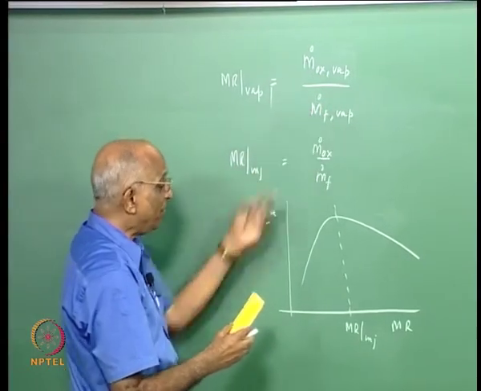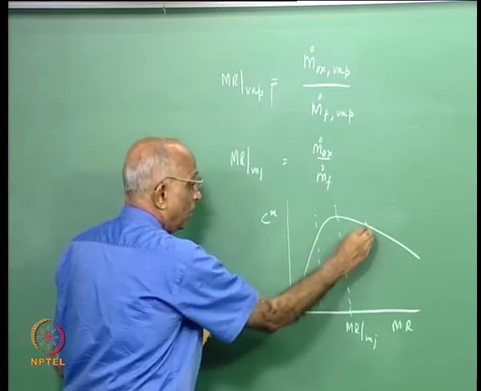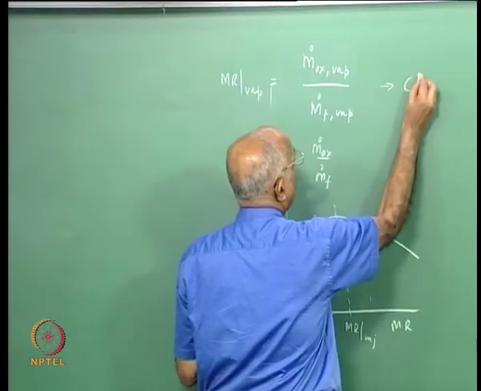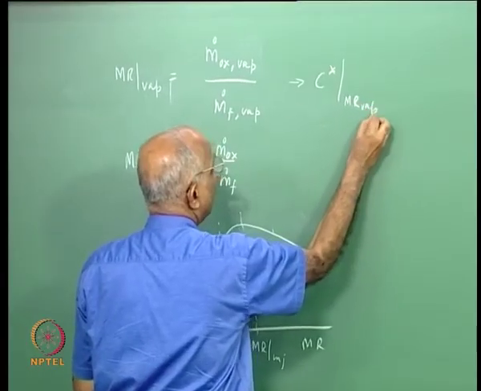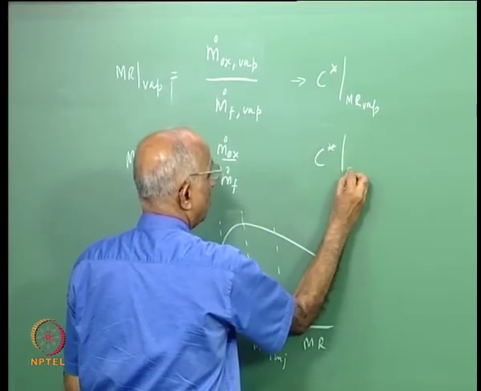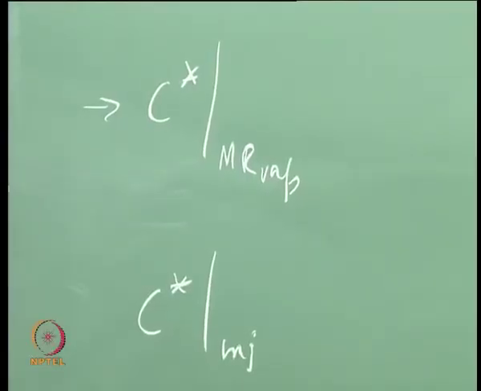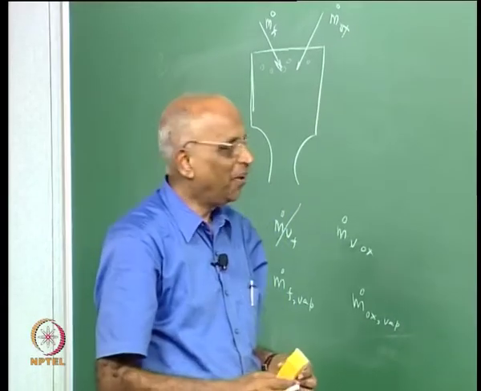Depending on which evaporates faster, I could have vaporization here or vaporization here. In other words, I could have a C star corresponding to the mixture ratio corresponding to vaporization. I will have a C star corresponding to injection, which is the nominal value. And now, what is the efficiency due to non-evaporation? How do I put it together?